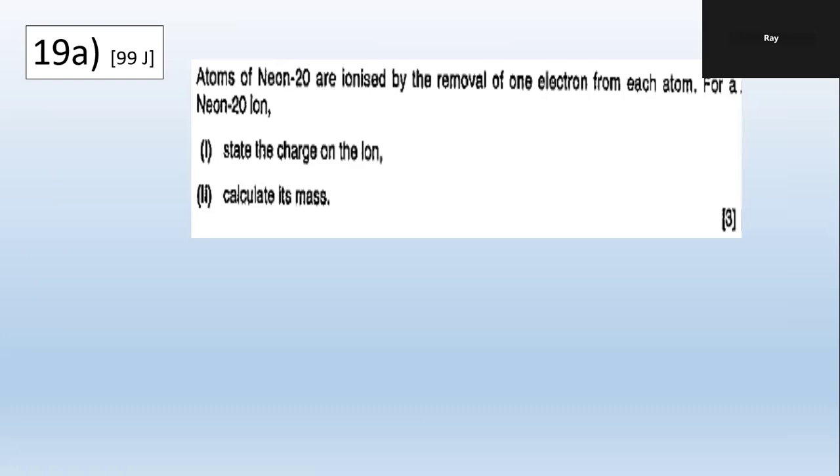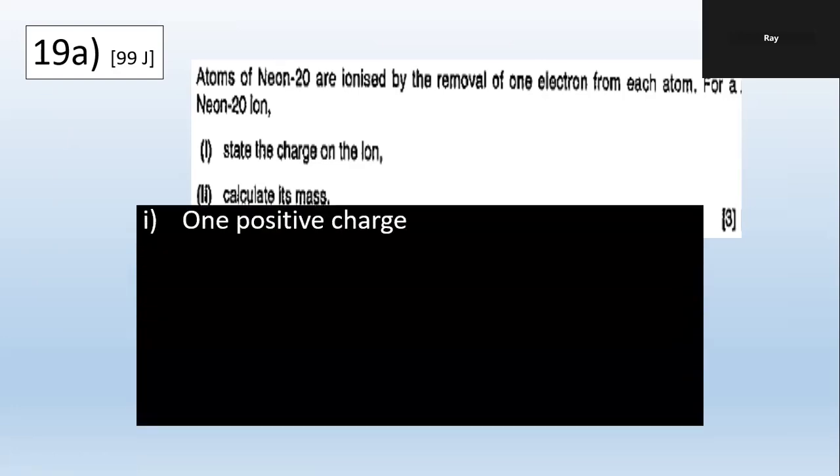Charge on the ion, positive or negative? Remove an electron, it becomes positive. One positive charge. Now calculate its mass.